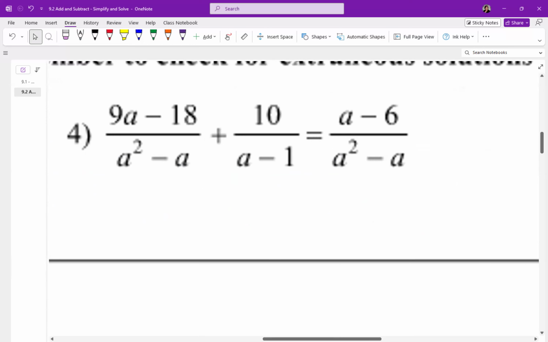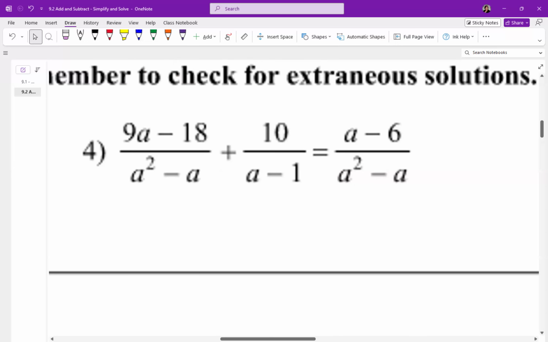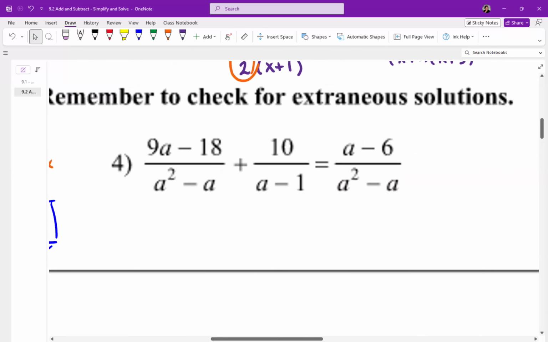This one is adding. I start by factoring the denominators and comparing these. So the denominator a squared minus a is a times a minus 1.